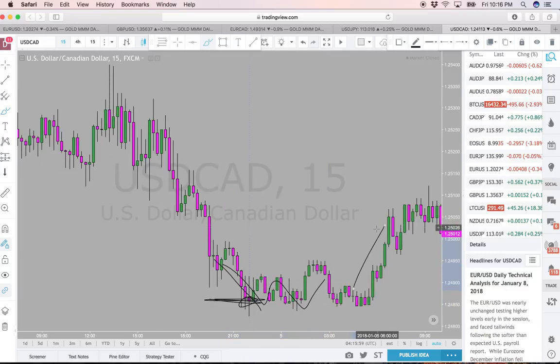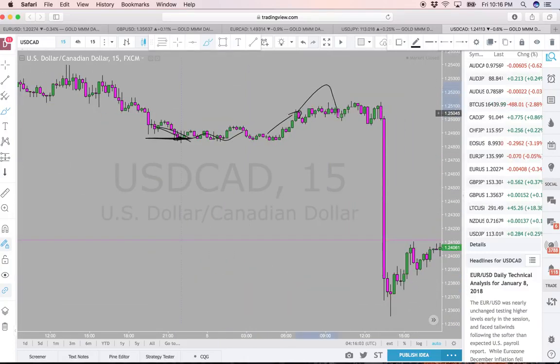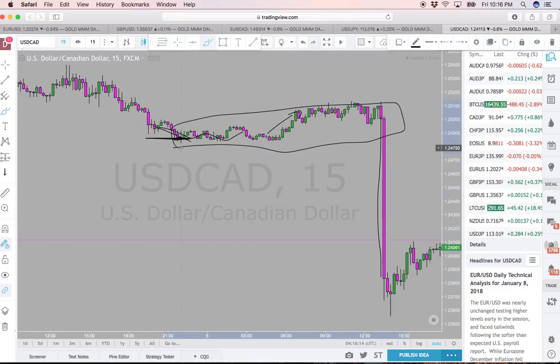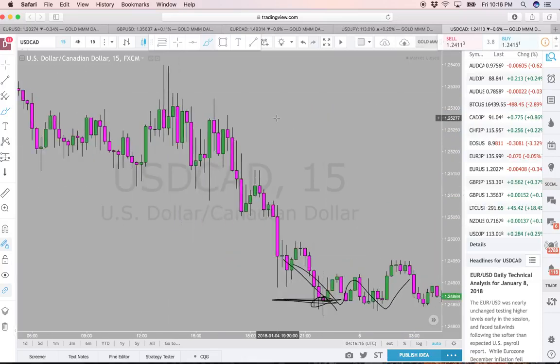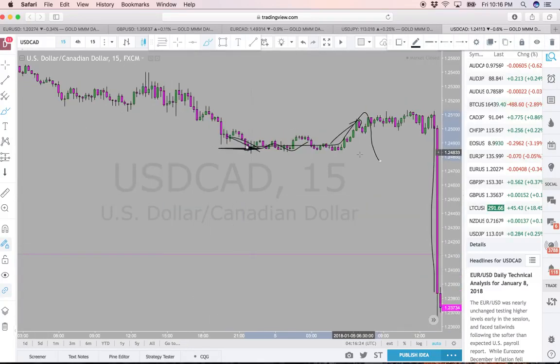Price came up and then created the M formation high of the day here, maybe a little triple top there, and then that shift out of this consolidation zone. So the same thing happened. Consolidation, hit stops high, and then hit stops way low.